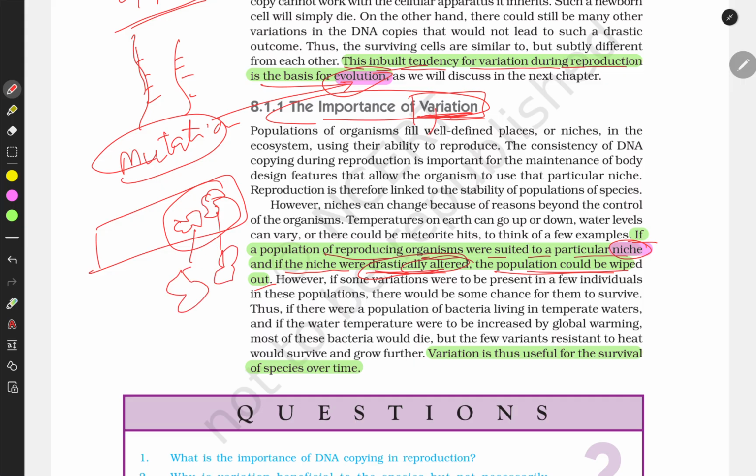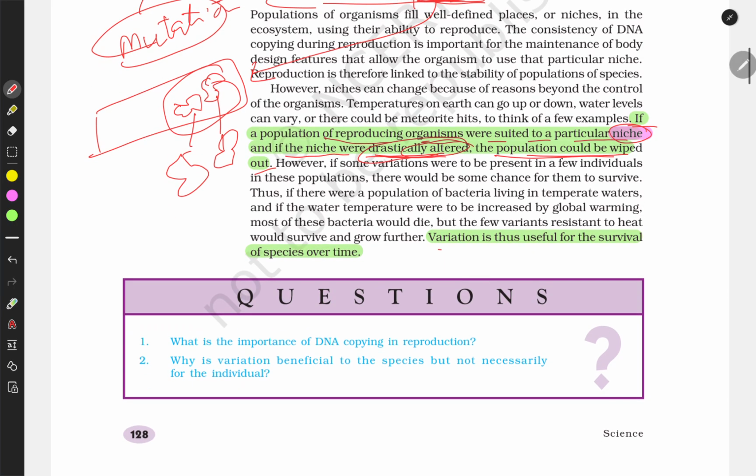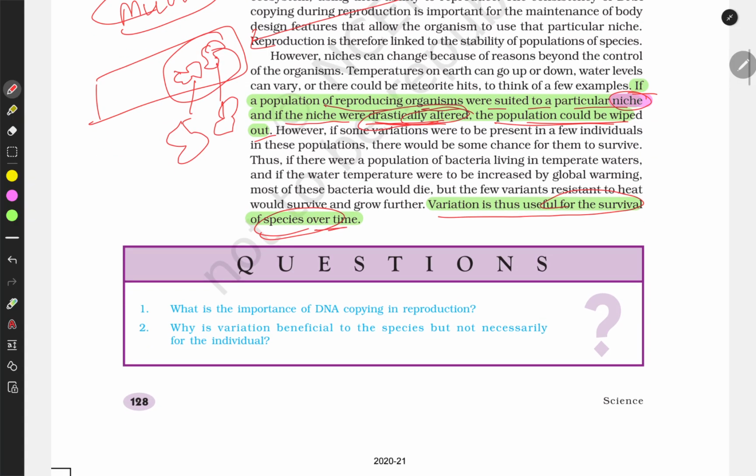So this is why variation is important, because it increases the chances of survival in case of drastic environmental changes. Variation is thus useful for the survival of species over time.